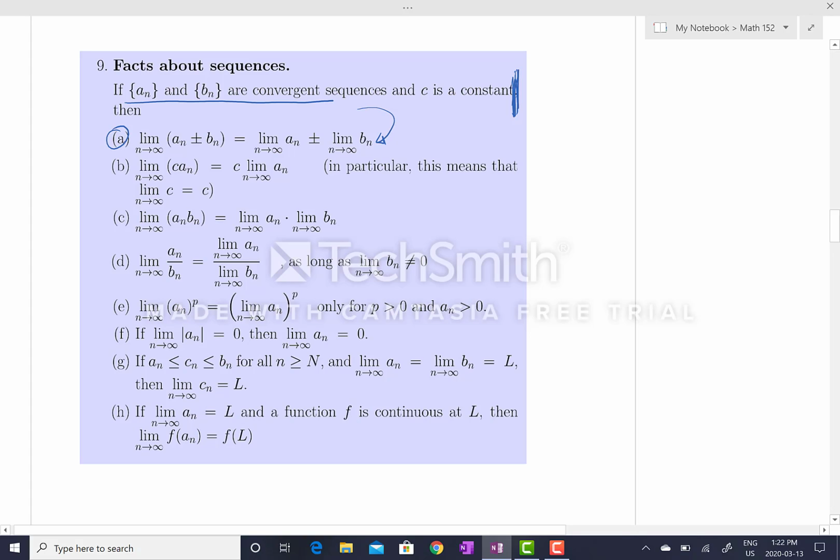We can move the constant outside. The limit of a product of sequences is the product of the limits. The limit of a quotient of sequences is the quotient of the limits of the individual sequences, of course, as long as the one that's in the denominator is not 0.